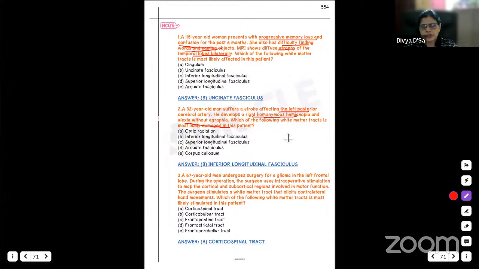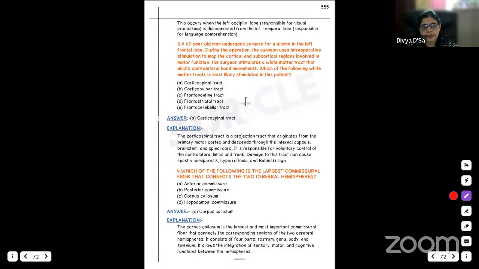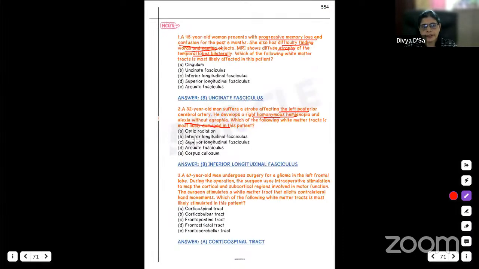Which of the following white matter tracts is most likely damaged? Here the motor part of writing is okay. So the answer is the inferior longitudinal fasciculus.